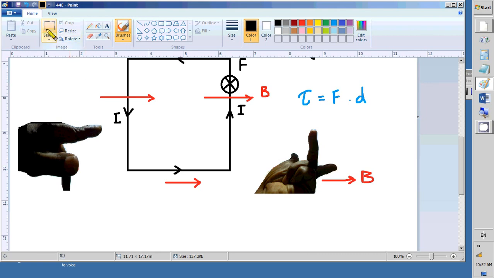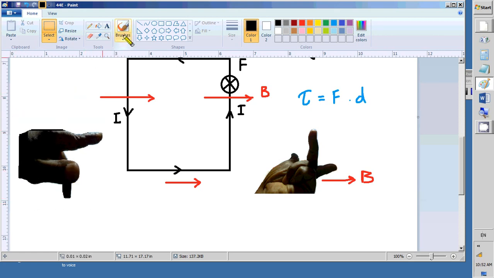So we have to place our left hand like this, the same way, so that our index finger is towards B. We know B already, and center finger towards current.